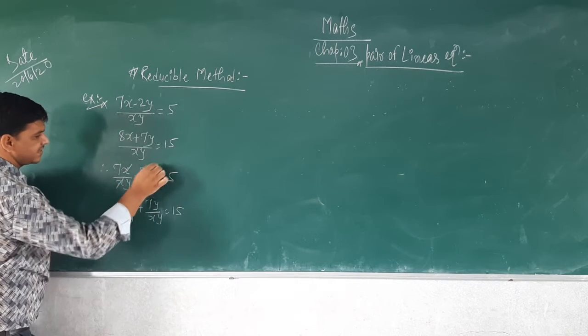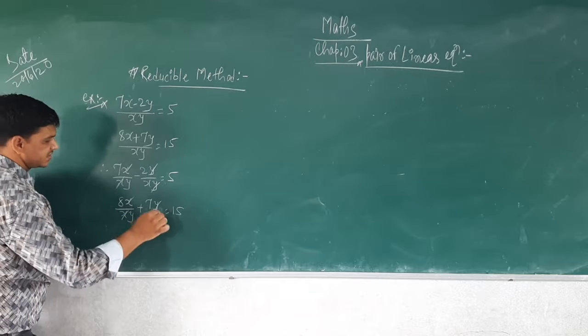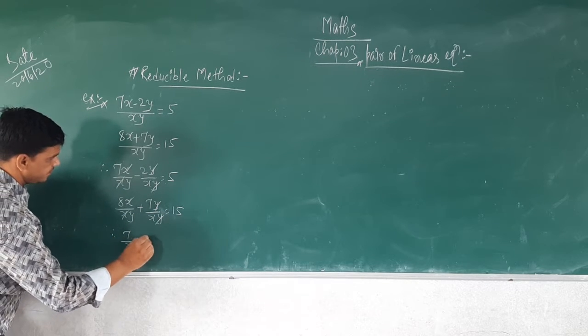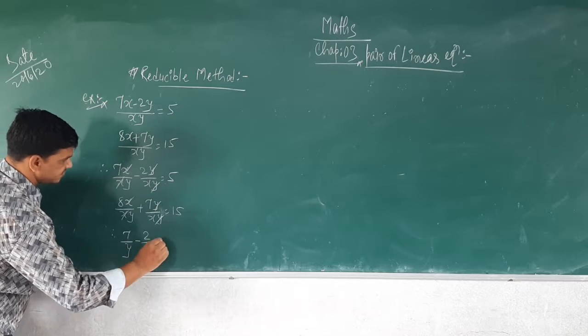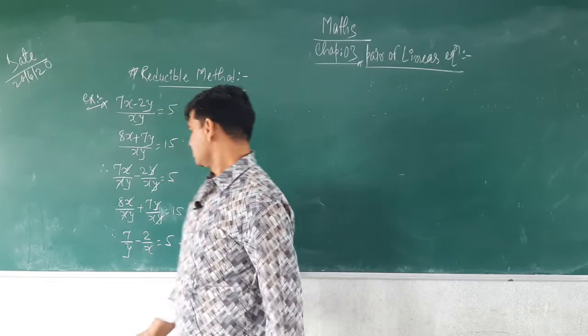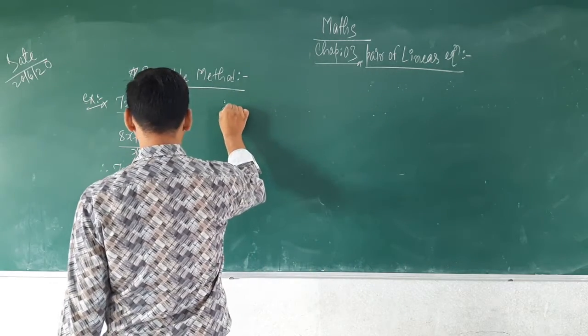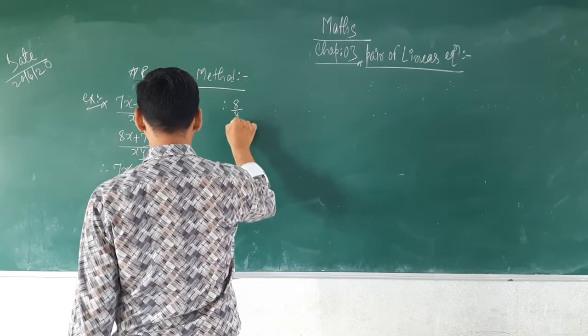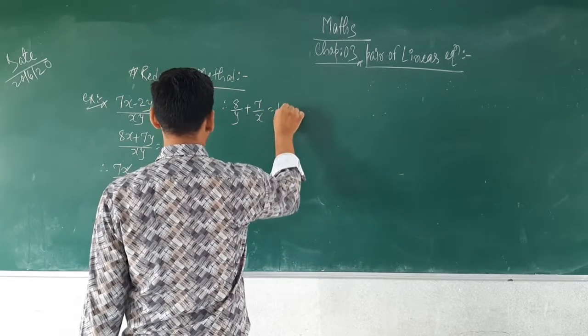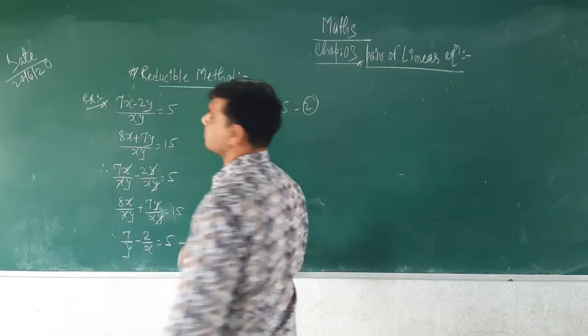Then x and x cancel, y and y cancel. So the remaining terms are 7 upon y minus 2 upon x is equal to 5. That is equation number 1. Similarly, the second equation is 8 upon y plus 7 upon x is equal to 15. That is equation number 2.